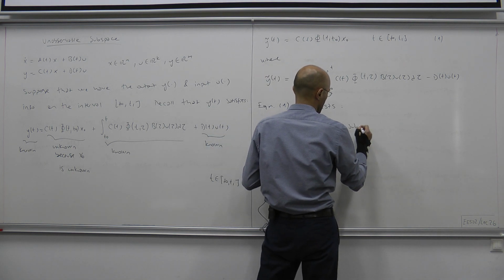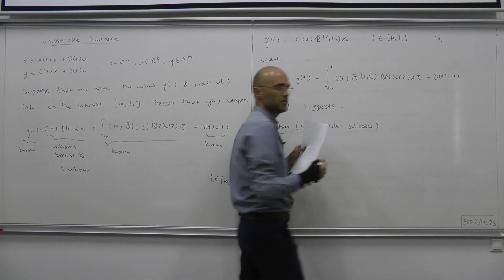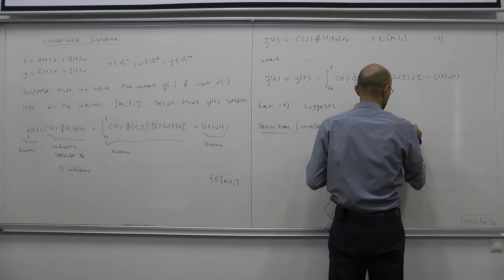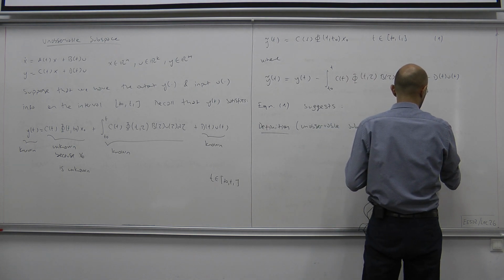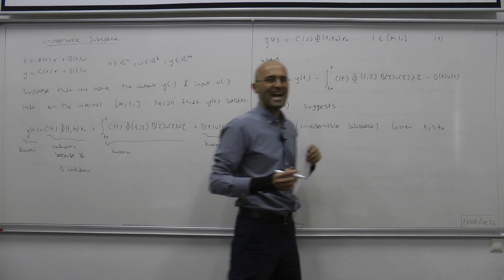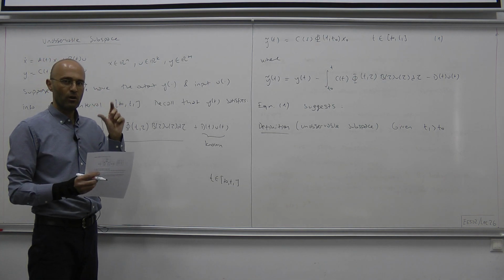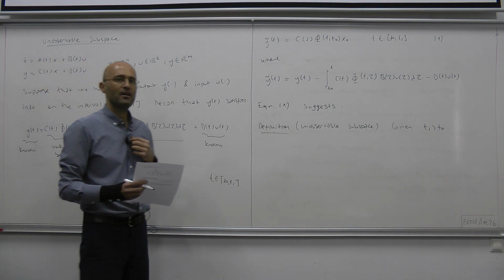Unobservable subspace. So given two time instances, t1 and t0, the beginning and end times of our interval through which we are allowed to make the observation.